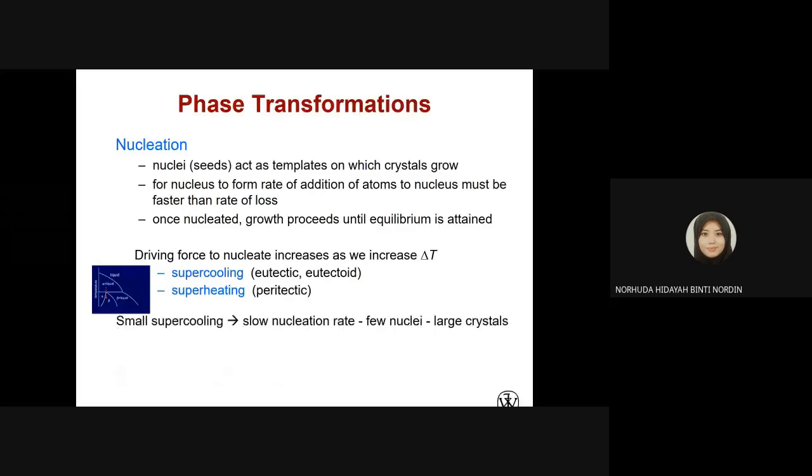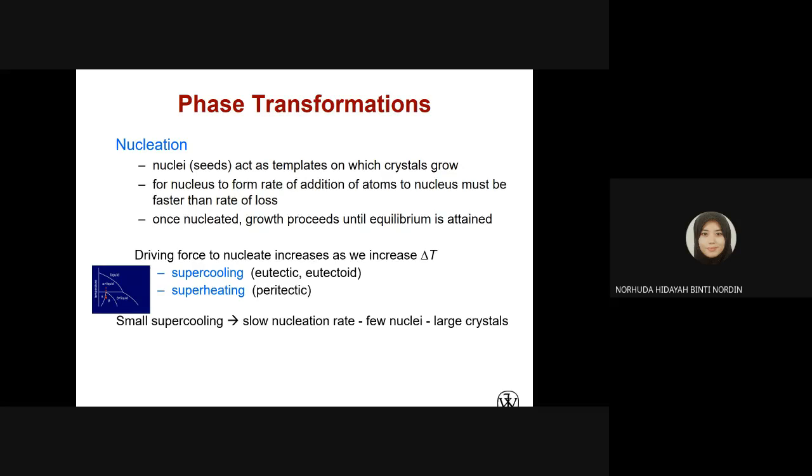Okay, so the phase transformation starts with nucleation. If you remember from your Form 5 subject, it starts with nucleation. Nuclei, the plural of nucleus, will act as a template on which the crystal will grow.